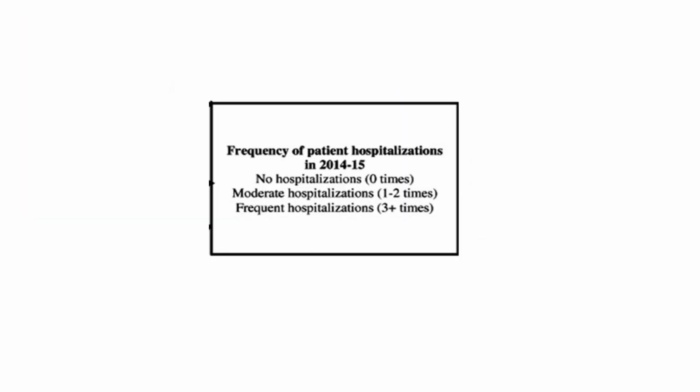The dependent or outcome variable is frequency of hospitalizations, which are grouped or categorized as no hospitalization, moderate, and frequent hospitalization based on a range of numbers as 0 for no, 1 to 2 times for moderate, and more than or equal to 3 times for frequent. This is qualitative ordinal.